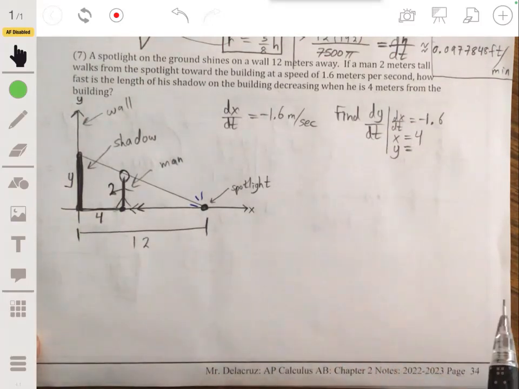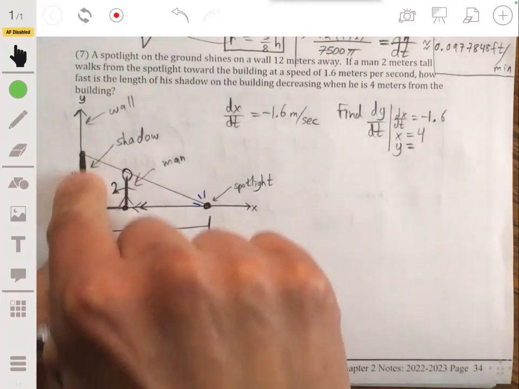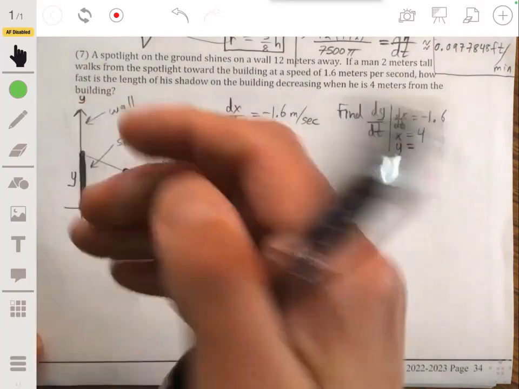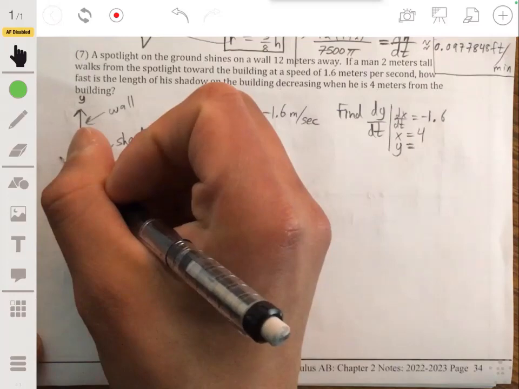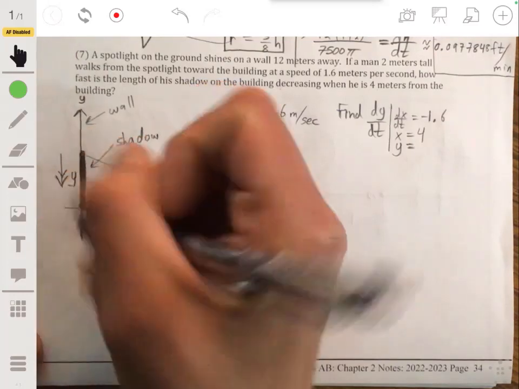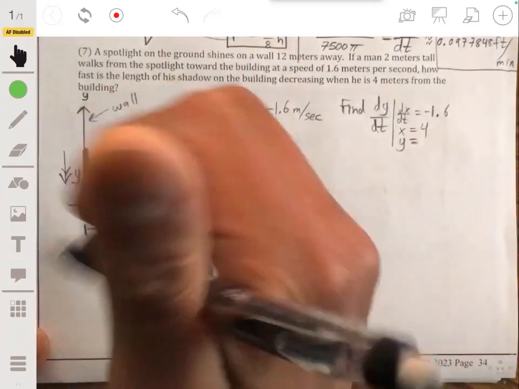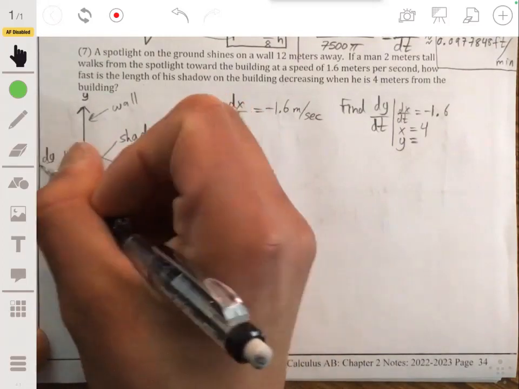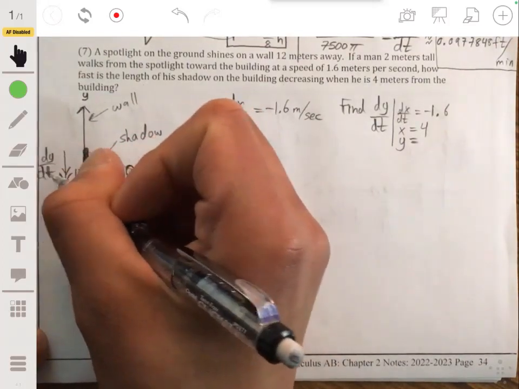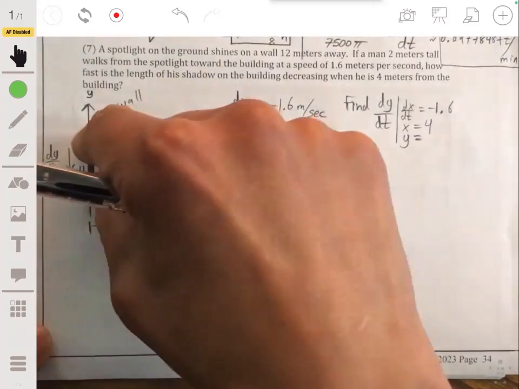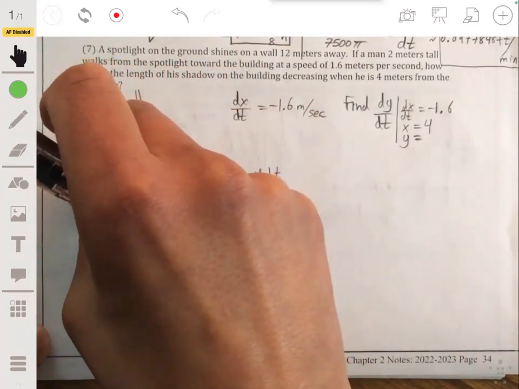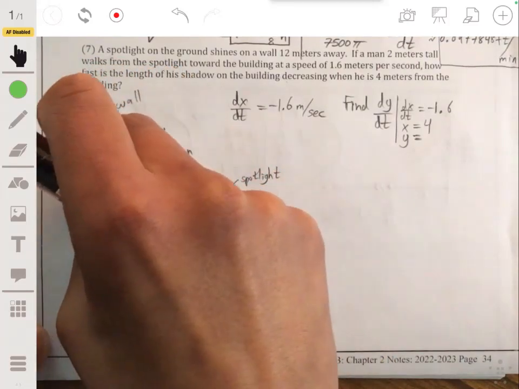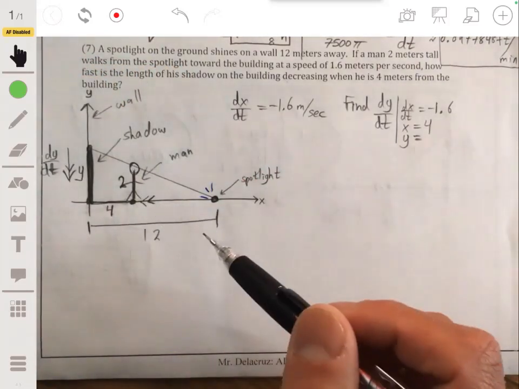So remember, this is the shadow, and as he's coming closer to the wall, this value actually decreases. dy/dt, this gets shorter. So this is our dy/dt. This is the shadow. See, it's closer. The shadow gets smaller and smaller until it eventually matches his height once he's off the wall.